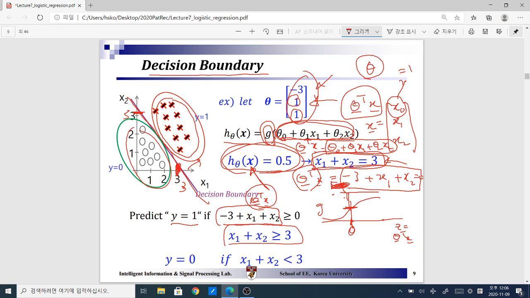Hence you come up with this decision boundary representation, as well as y, the label, being equal to 0. This side represents all those samples that belong here, and samples less than 3 would be these samples. So as you can see, the logistic function allows us to come up with a decision boundary in this linearly separable problem.